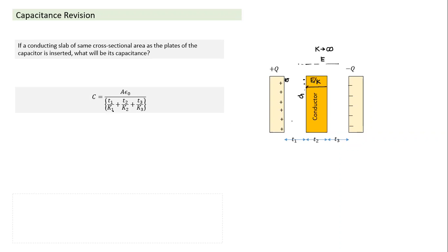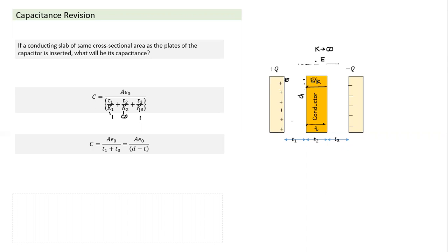So K1 is equal to 1, K2 is infinity, and K3 also is equal to 1. So if I substitute these values, this term becomes 0. It becomes A epsilon naught by T1 plus T3. And T1 plus T3 is nothing but, if I take this thickness as T, A epsilon naught by D minus T. So effectively, if the thickness of the conducting plate is T, it doesn't matter where I place this conducting plate. It doesn't depend on T1 and T3.